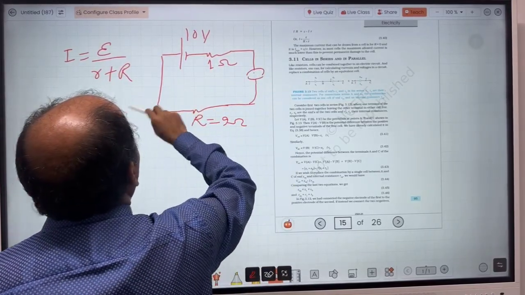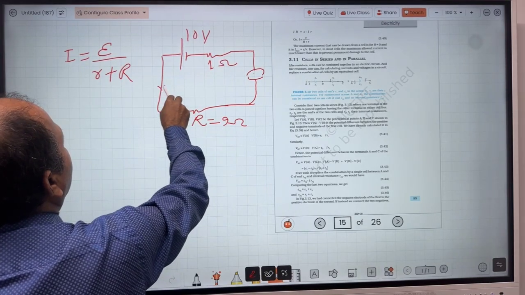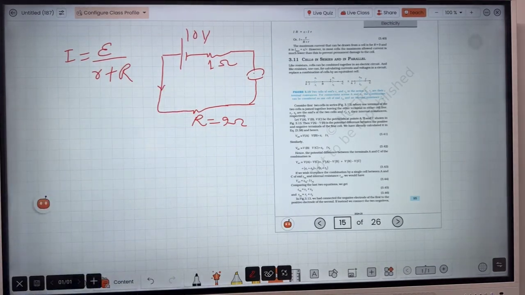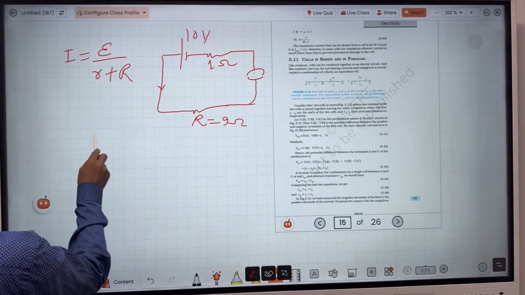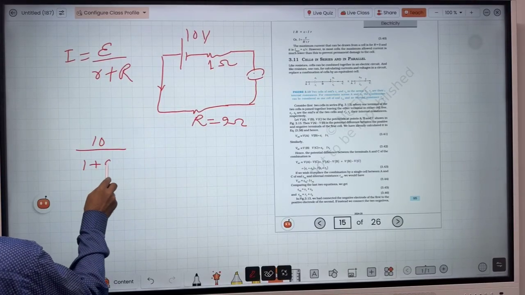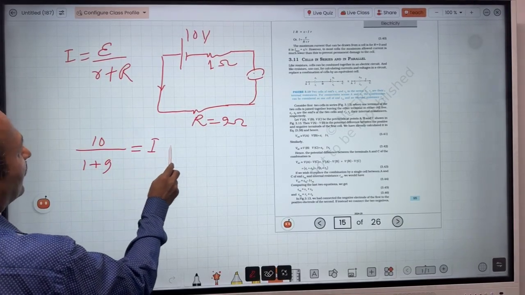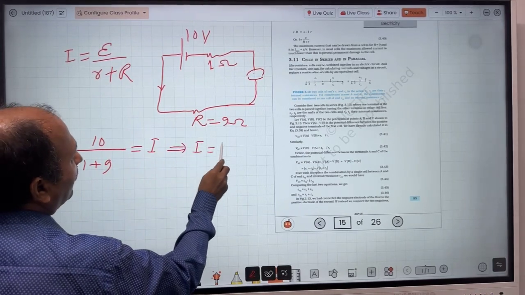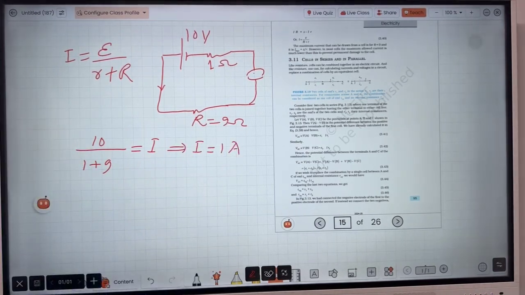And if you want to find out what is current flowing through this circuit, then you can write 10 divided by total resistance 1 plus 9 equal to I, which gives I equal to 1 ampere. So you have understood.